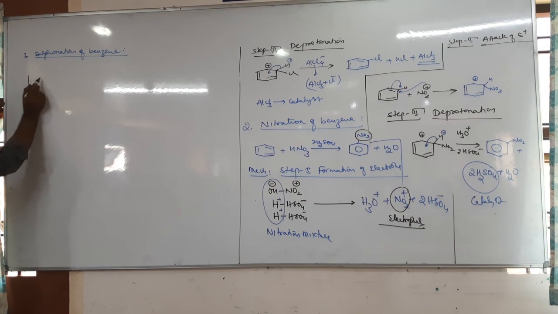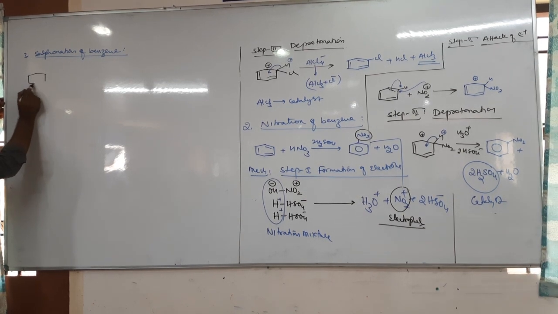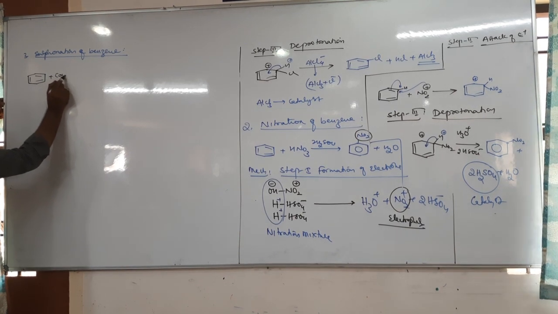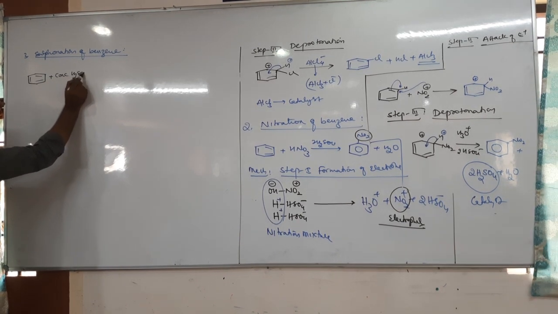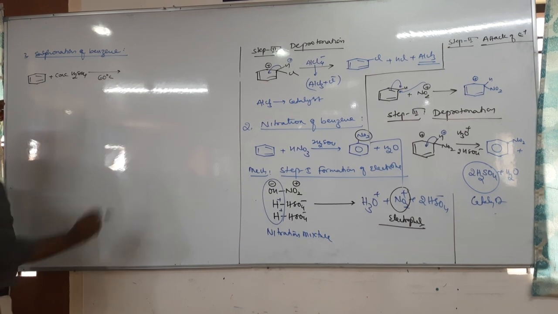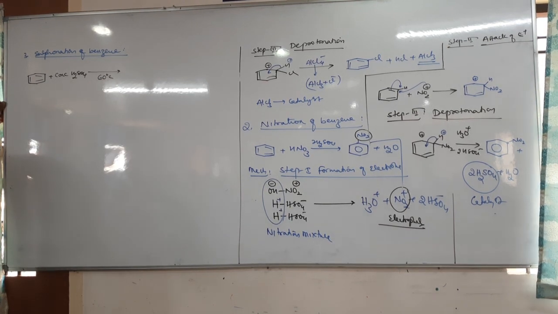Benzene is heated with concentrated sulfuric acid. Benzene plus concentrated sulfuric acid, at or above 60 degrees Celsius.